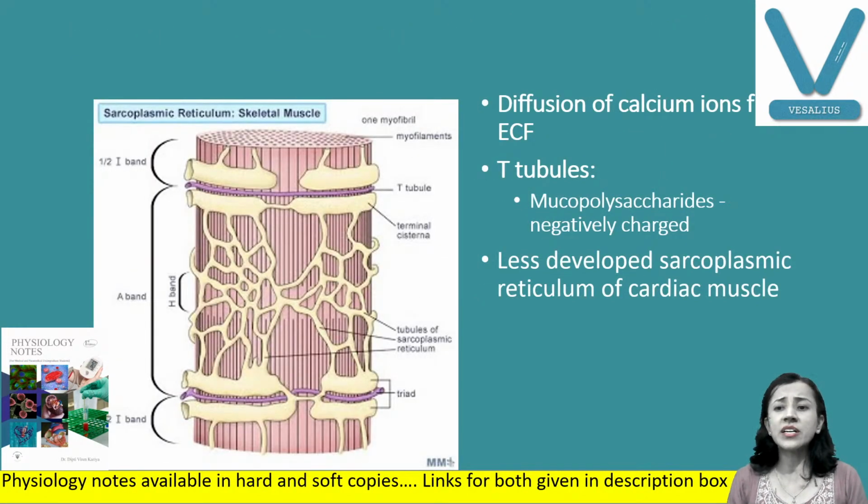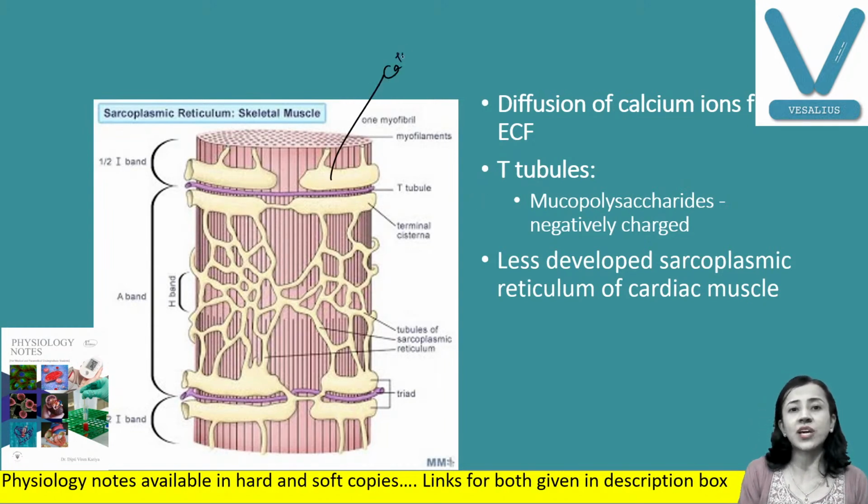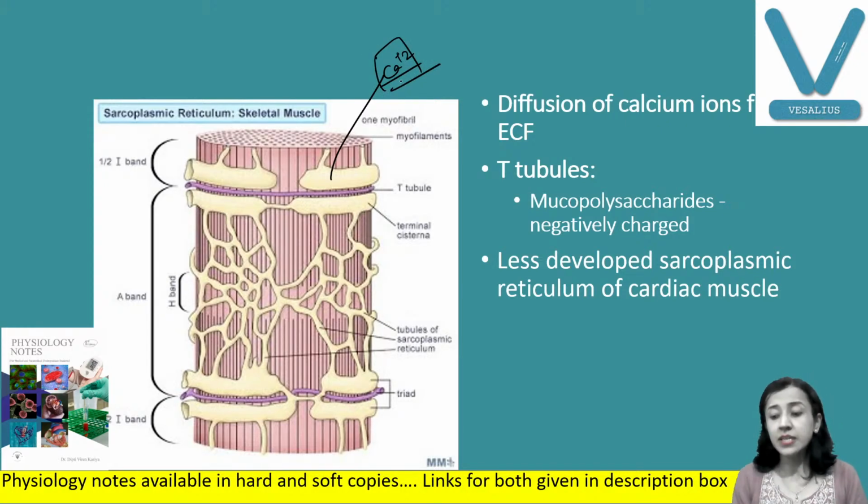Now, another important difference here is in cardiac muscle. In skeletal muscle, as we have discussed, the sarcoplasmic reticulum stores calcium ions, so calcium ions come out from the sarcoplasmic reticulum only. But in cardiac muscle, the T-tubules also have a large quantity of mucopolysaccharides. These mucopolysaccharides are negatively charged and they bind with calcium ions.